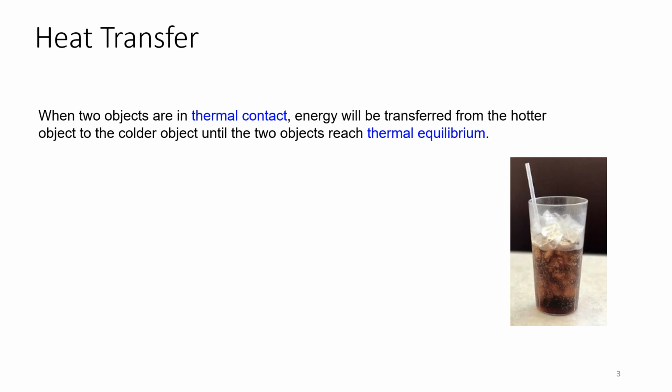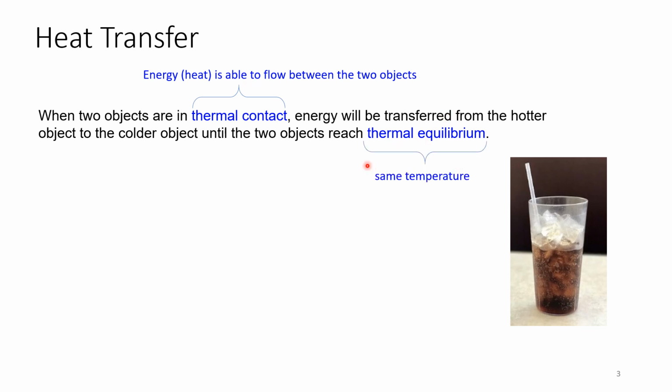If two objects at different temperatures are brought in contact with each other, that is, energy is able to flow between them, the energy will be transferred from the hotter to the colder object until equilibrium, that is, when the two objects are at the same temperature.